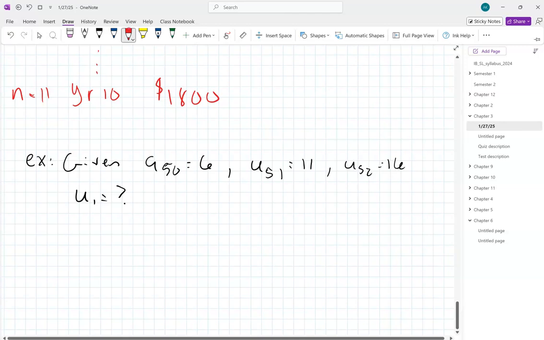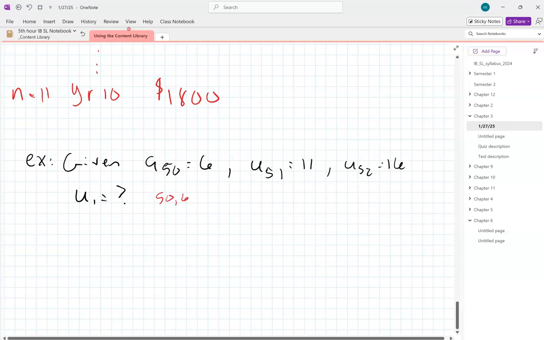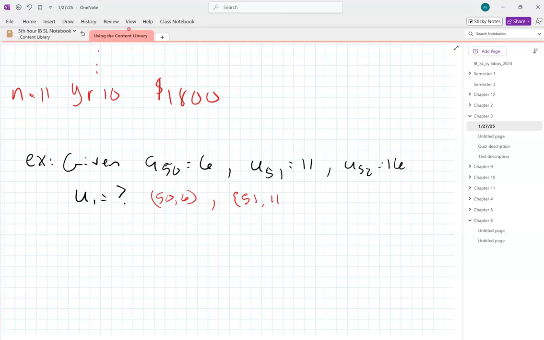Again, I'm going to think about this as the points. Those are just points, but I can see what the slope is, or the common difference. How much are we changing by? 5.